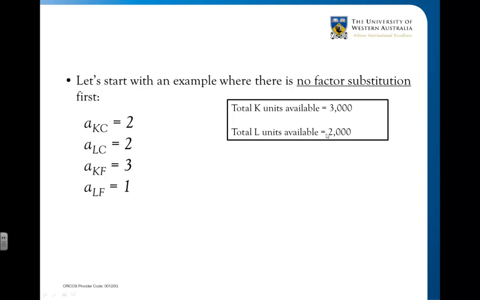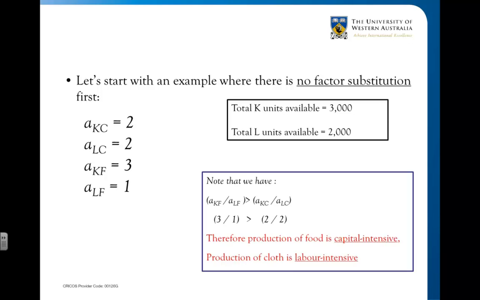I've also given us a constraint in terms of the total amount of capital in the economy and the total amount of labour, which we'll use in a minute. Notice we can use these to look at our relative intensity of factors.